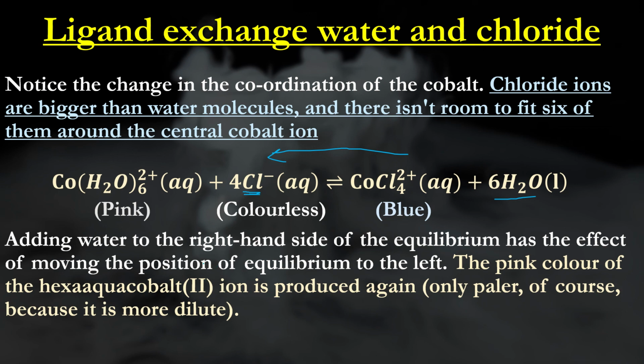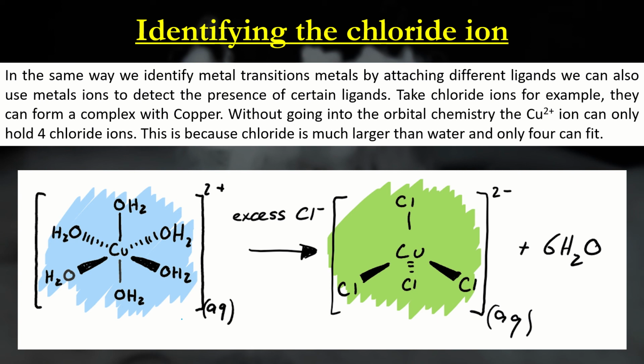So what we're trying to talk about here is the significance of using complexation reactions, because different transition metals will have really distinct colors because of the splitting and transitioning of the electrons. We can even go backwards, and instead of working out a cation, we can try and work out an anion like chloride.